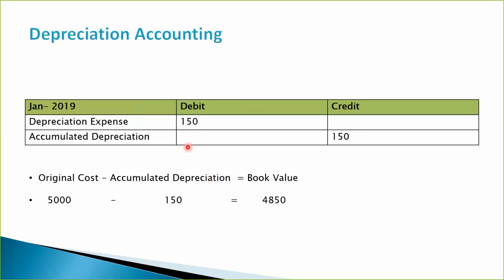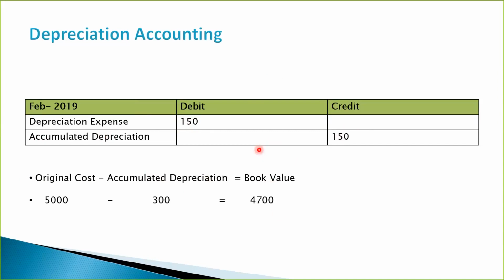Then we subject that 4,000 to the depreciation method that we have, and the expense that we get is what we subtract from the original cost. So this is what the entries would look like, and what the calculation for the book value would look like.